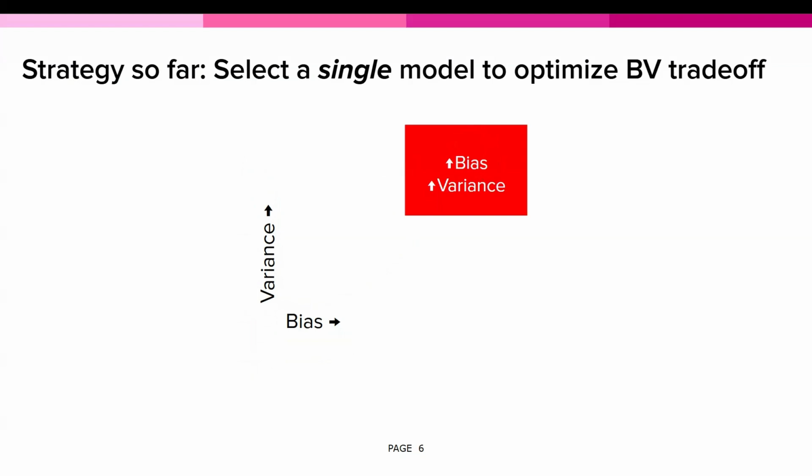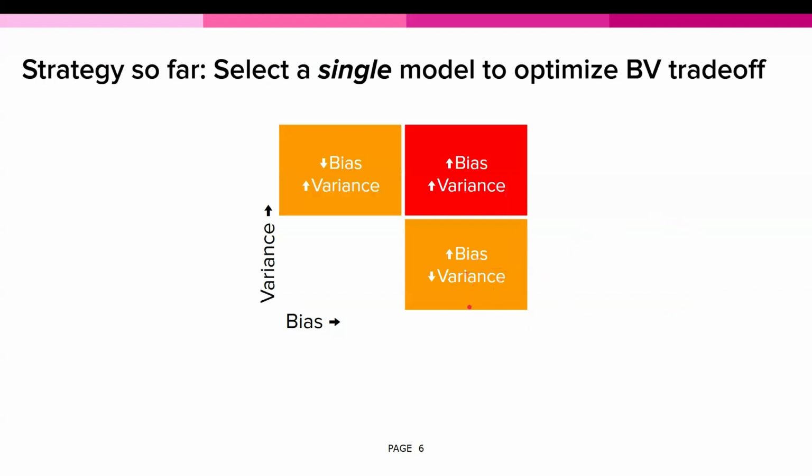But the regions that we've been exploring are typically either biased or variable. We've been either high bias but low variance, like k nearest neighbors with a k of 100, or low bias, high variability, for example, with k equal to 1.